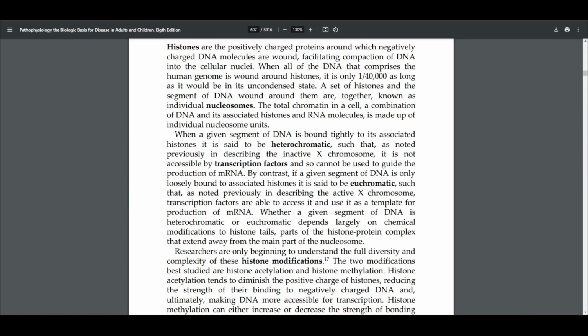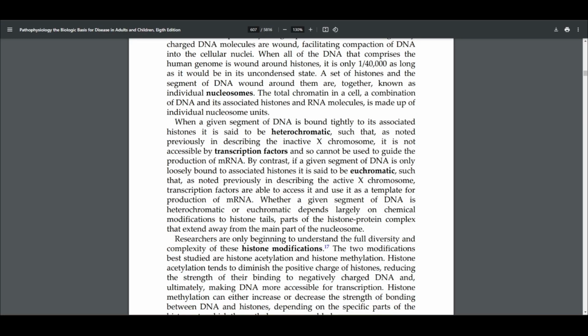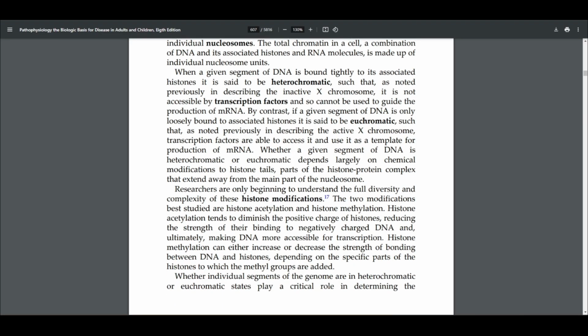The total chromatin in a cell, a combination of DNA and its associated histones and RNA molecules, is made up of individual nucleosome units. When a given segment of DNA is bound tightly to its associated histones, it is said to be heterochromatic, such that, as noted previously in describing the inactive X chromosome, it is not accessible by transcription factors, and so cannot be used to guide the production of mRNA.